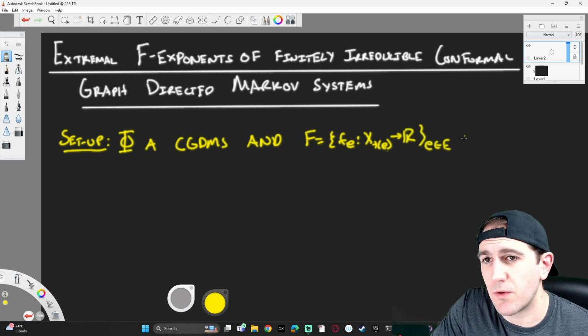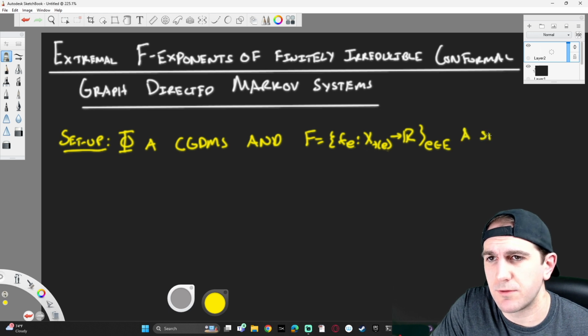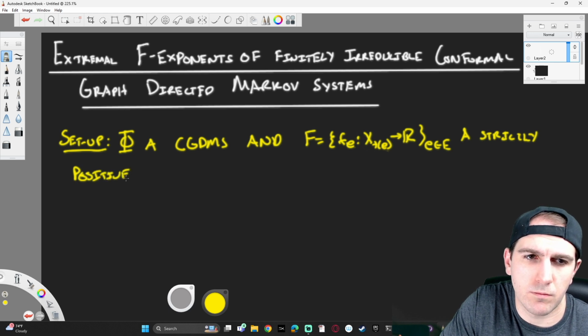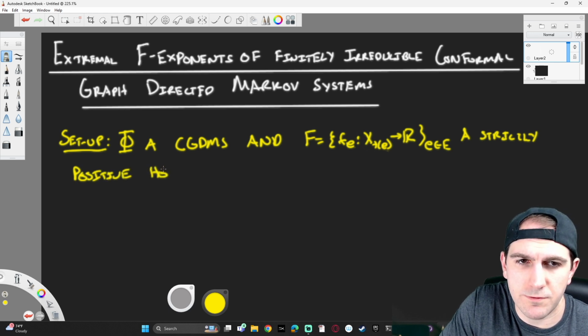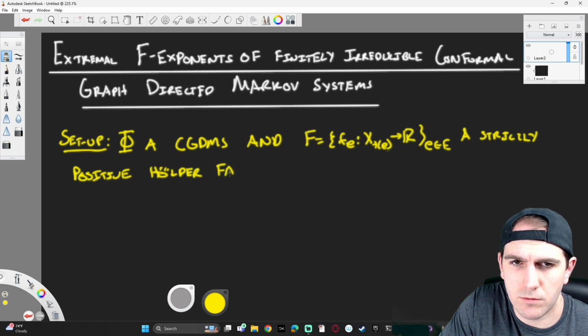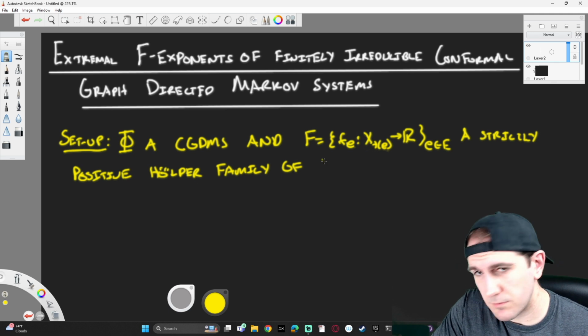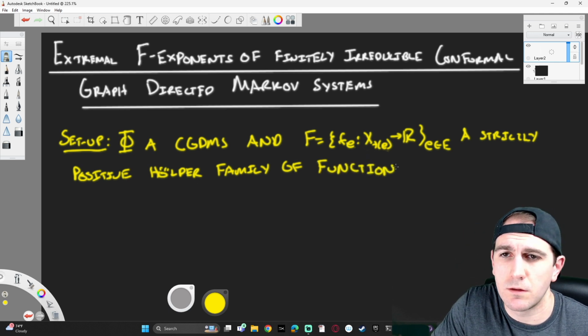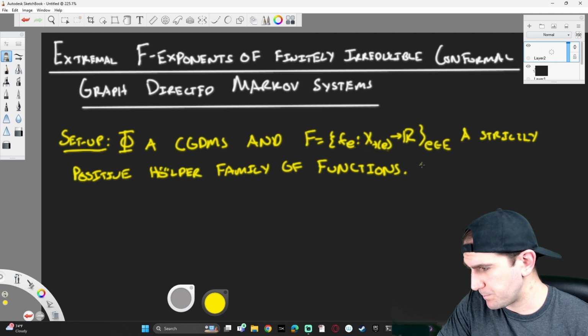And these are going to be strictly positive. Hölder family of functions, which we usually call potentials in my area.